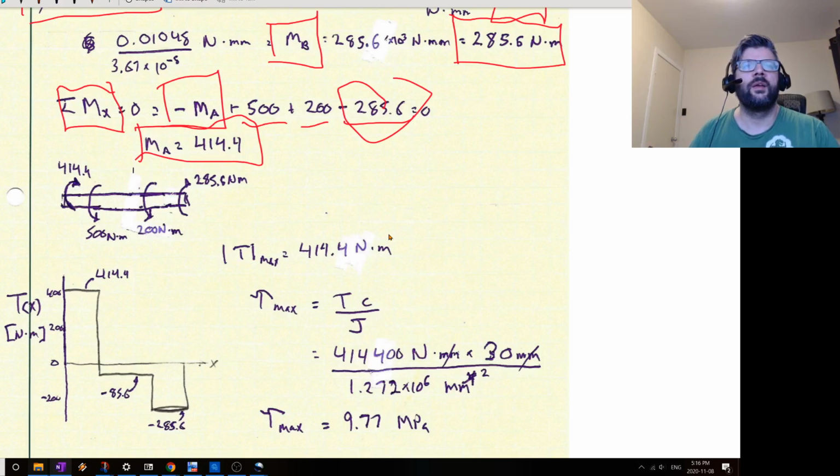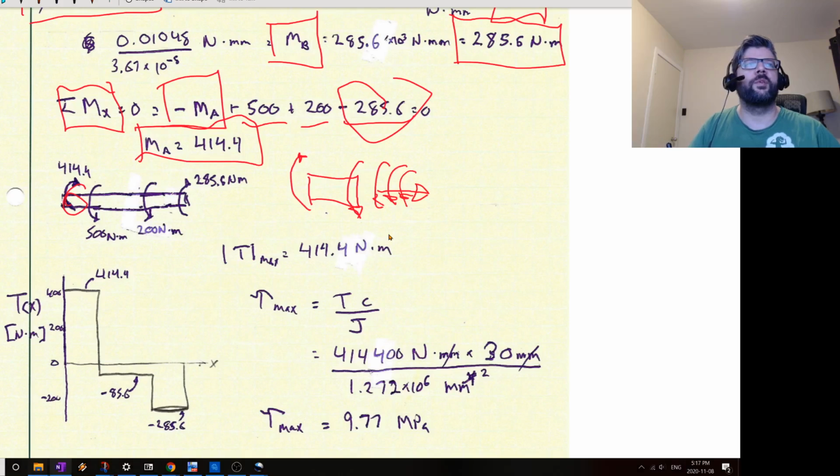So again, if we look at a little section right here, we're going to have torque going that way, and we're going to have the counteracting torque going that way. So again, if we stick our thumb out in this direction, our fingers are going to be pulling around this end. So that means that that's going to be a positive 414 Newton meters that we need to apply.